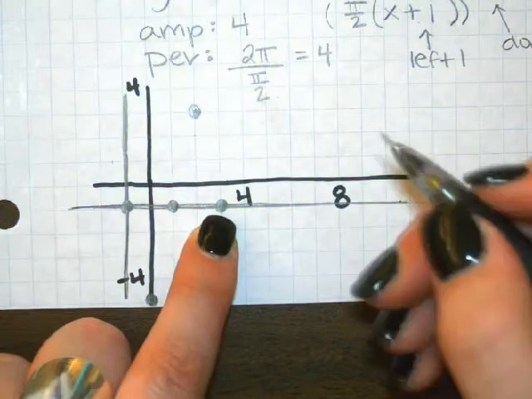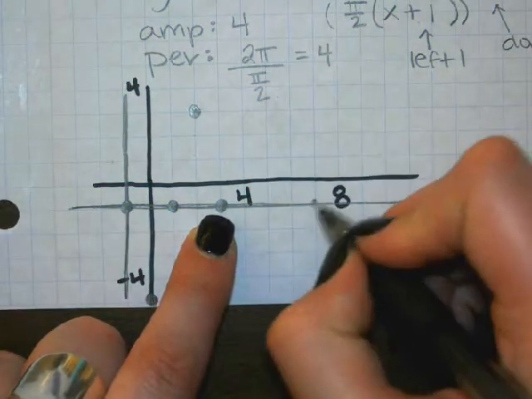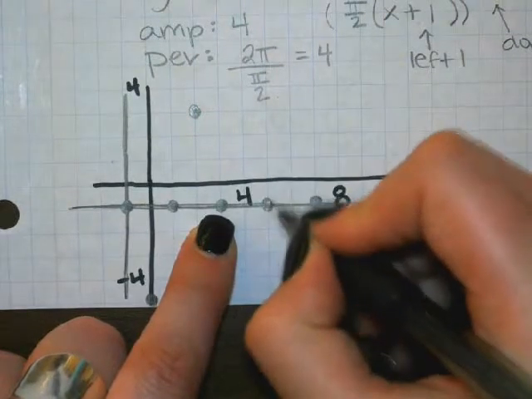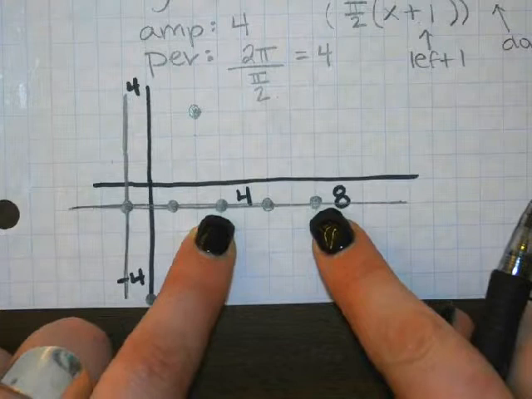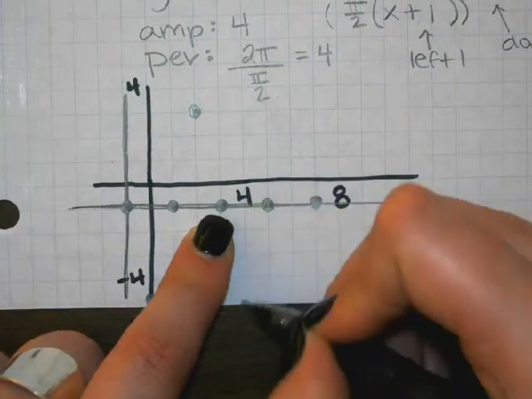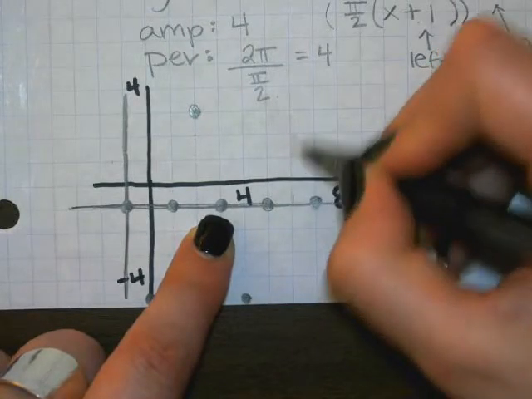So I'm going to count 4 boxes, beginning 1, 1, 2, 3, 4, and the end. In the middle, I'm going to put a dot. Between the first 2, I'm going to go down 4. Between the second 2, I'm going to go up 4.